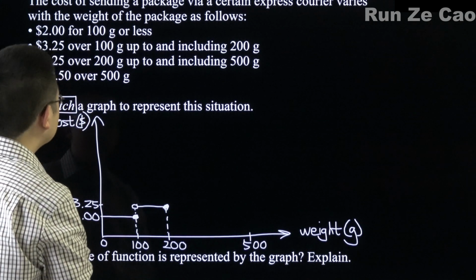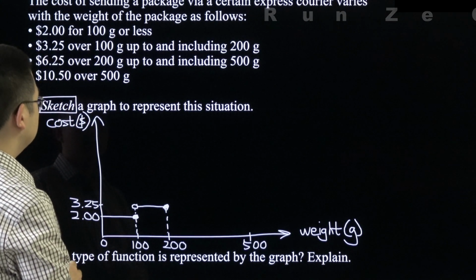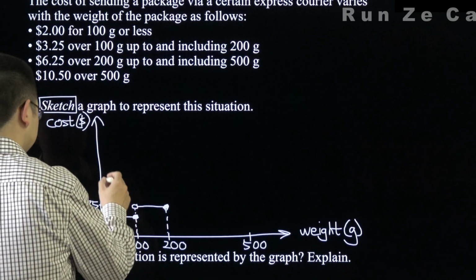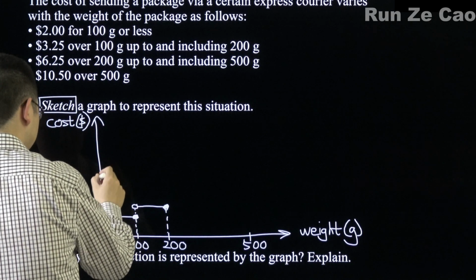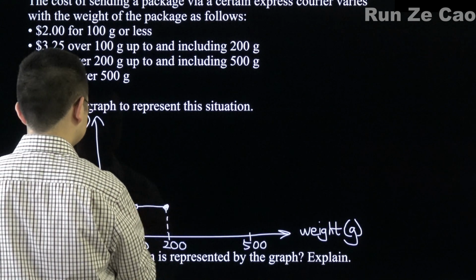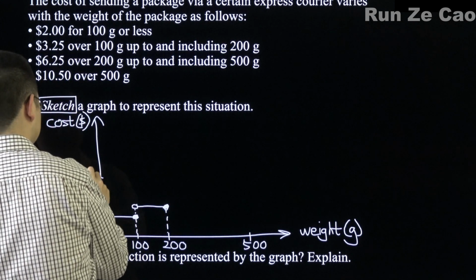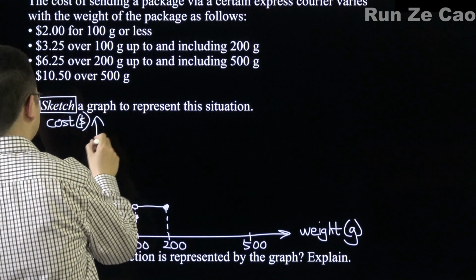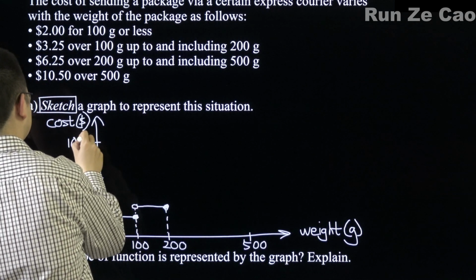And over 200 up to and including 500 is 6.25. That would be up to about there. And 10.50 would be about up here.